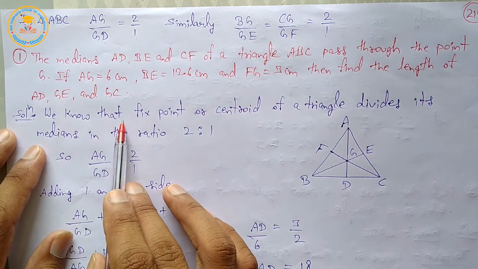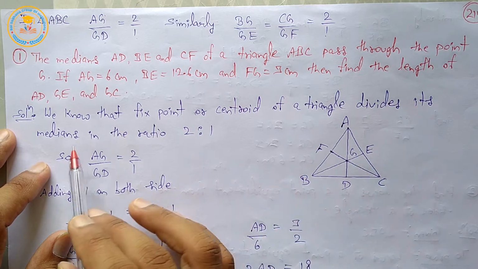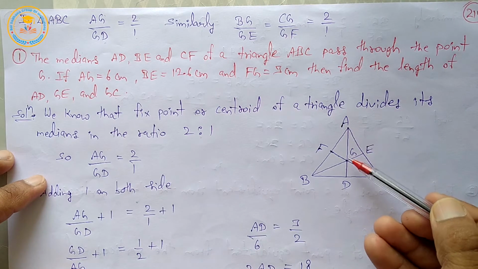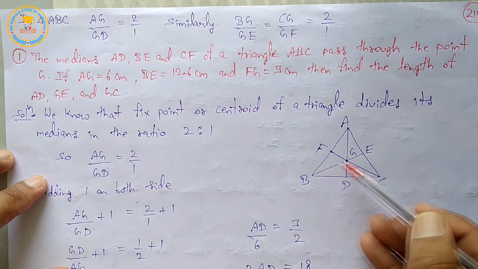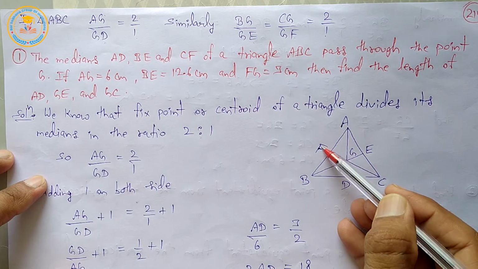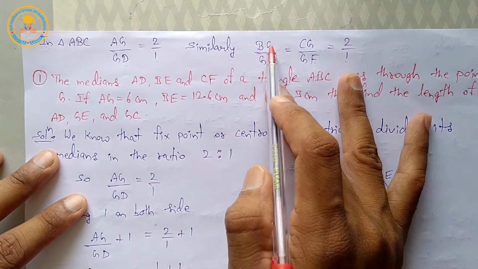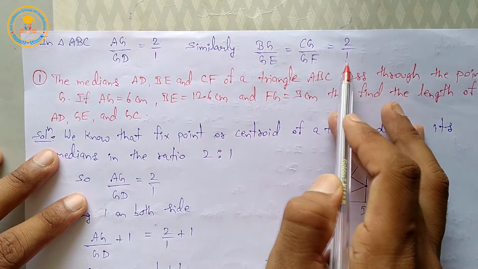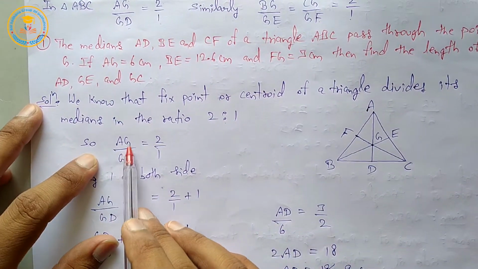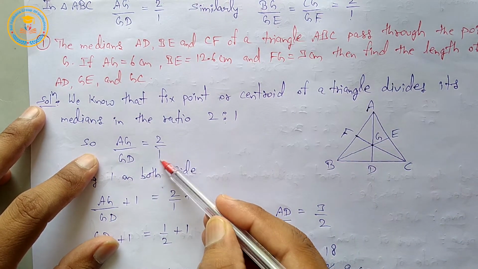Okay. Therefore, AG upon GD is 2:1. This can also be mentioned in reverse: GD upon AG is 1/2, that is 1:2.